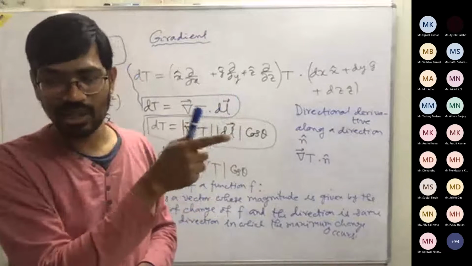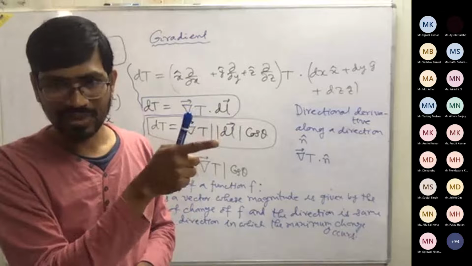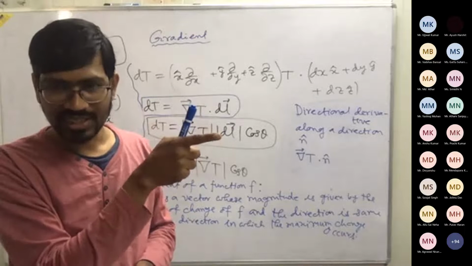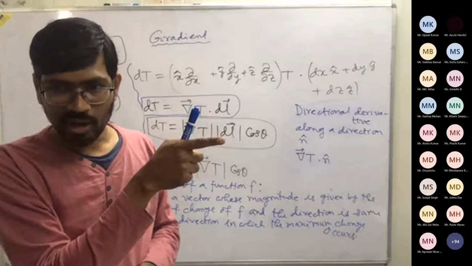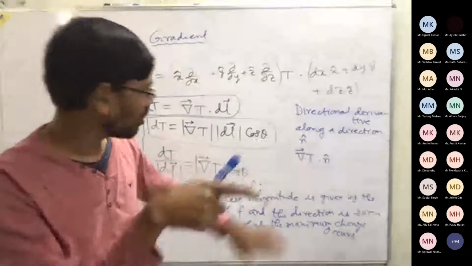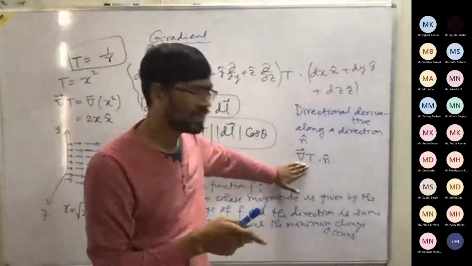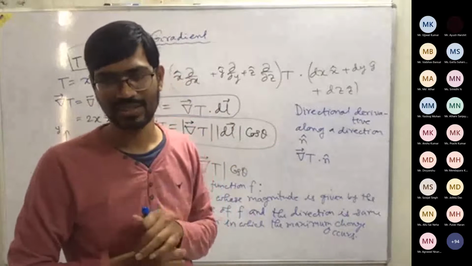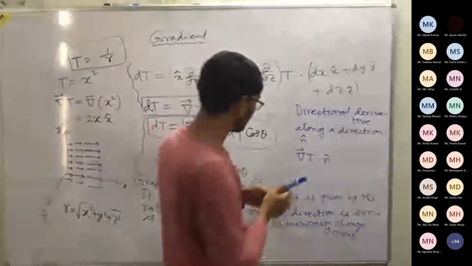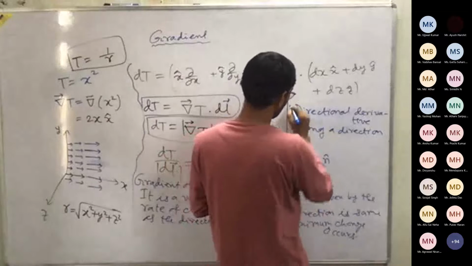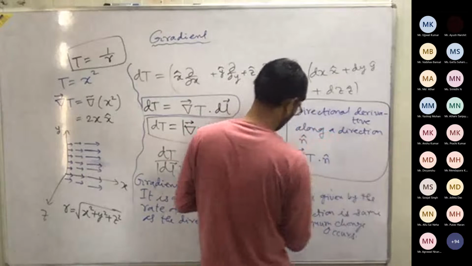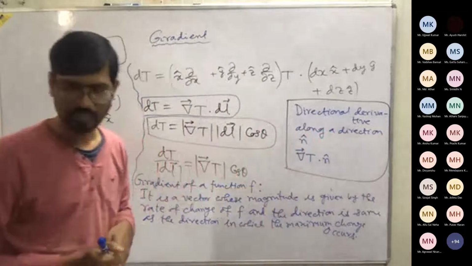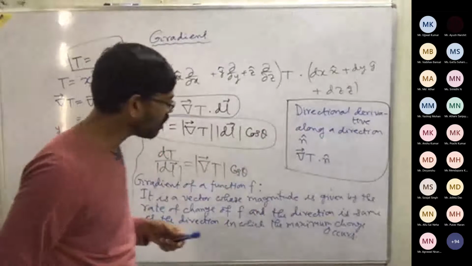But if I tell you to compute the directional derivative of a function along a particular direction, then you just compute grad T, take the dot product, and you get a pure scalar quantity. Someone is asking a question: sir, we are just taking a component of grad T? Component of derivative.